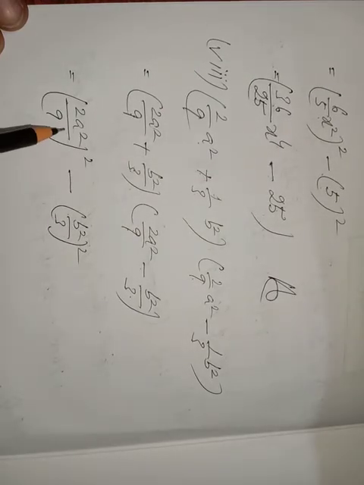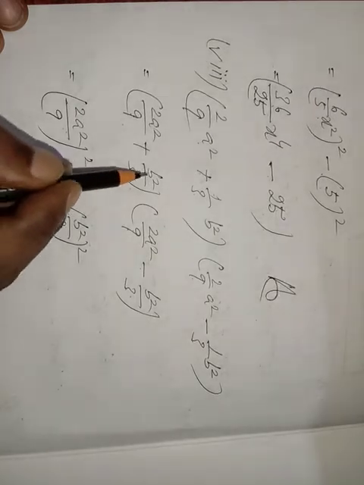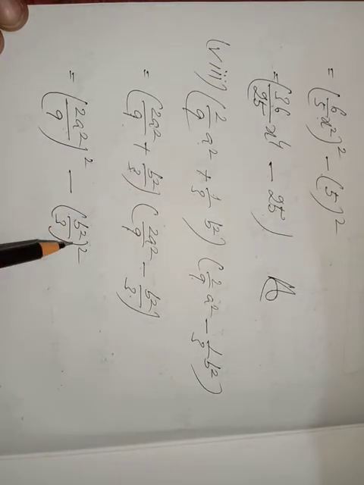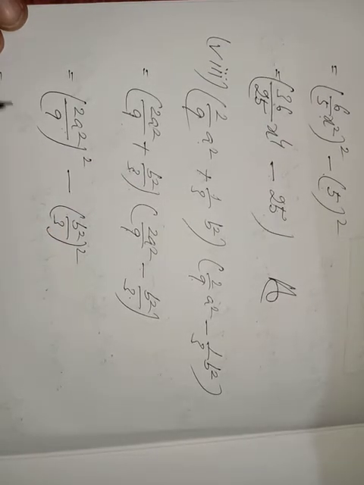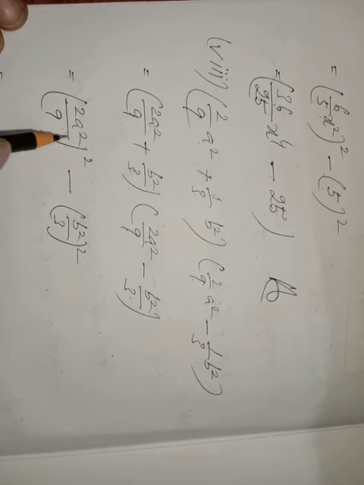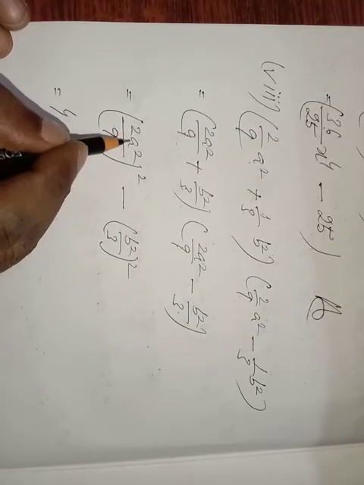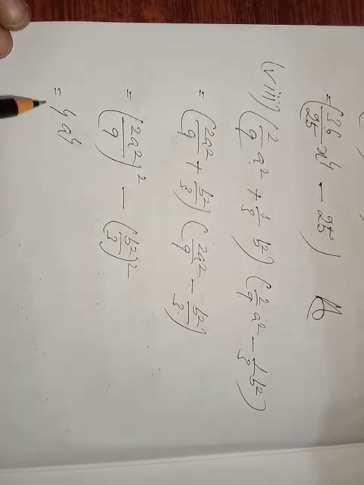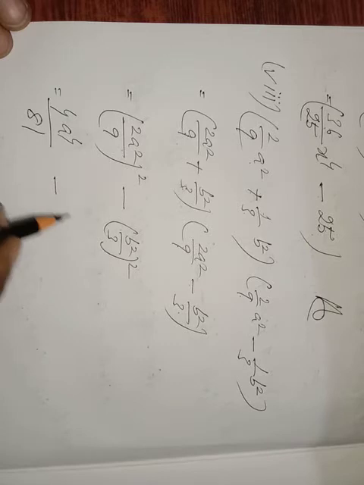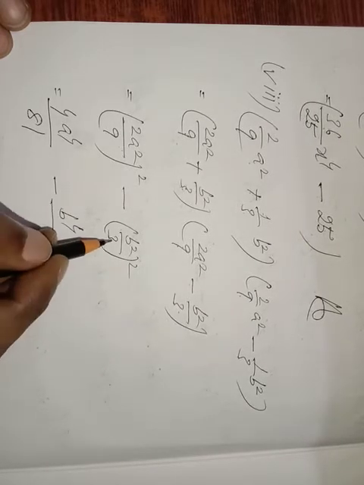Here a means 2a square by 9, that whole square, minus b means here b square by 3, that second part, whole square. Now you see 2a square by 9 whole square, it will be how much? It will be 4 a square whole square, which means a to the power 4, and 9 whole square will be 81, minus b square whole square, that will be b to the power 4, and 3 whole square will be 9.